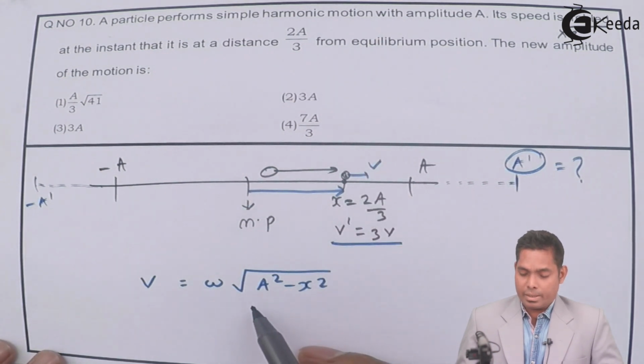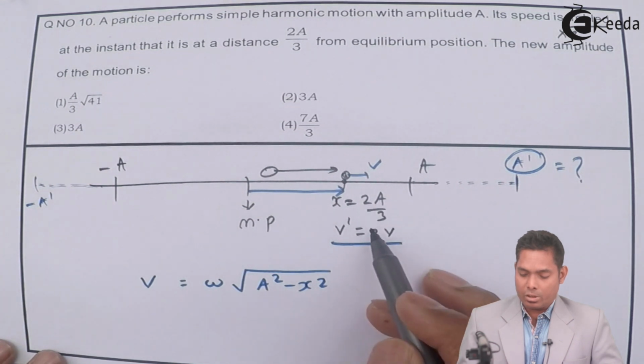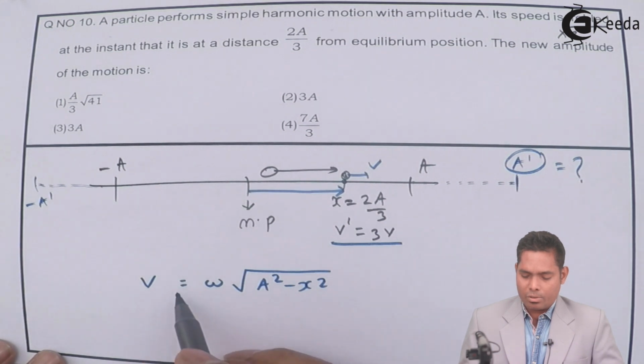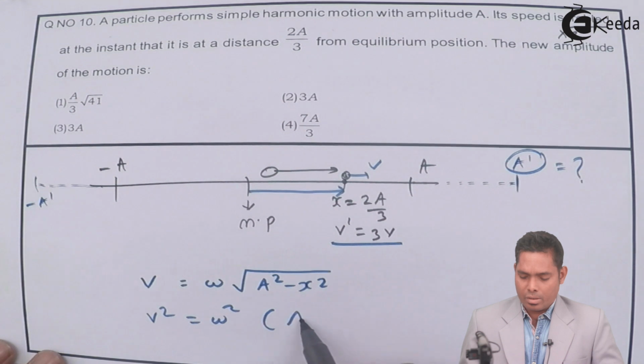Now it says the velocity is 3 times, so I will increase this by 3 times. But before that, I will solve this.